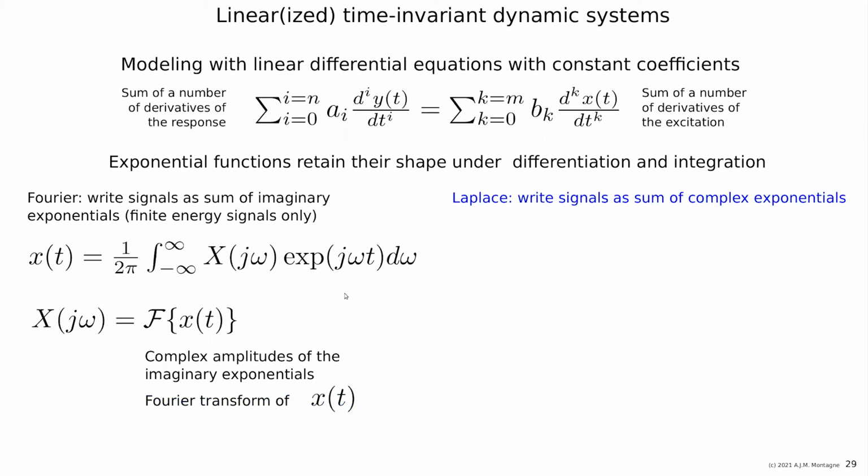And then we have the Laplace transform. It writes the signal as a sum of complex exponentials, not imaginary, but complex. And this can be used for power signals as well. Here is what you have learned as the inverse Laplace transform: the time function is written as an infinite sum of complex exponentials e^(st) times some factor, and this factor is called the Laplace transform.